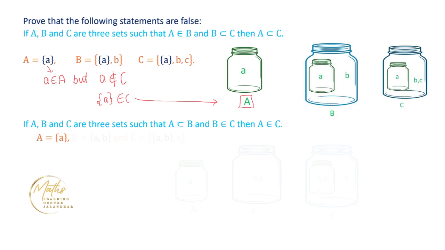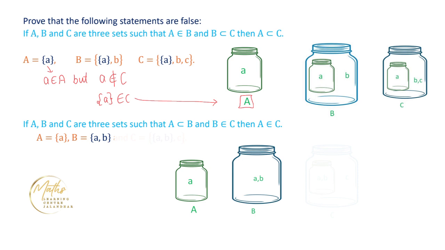Then we are talking about the set B. Suppose B consists of the elements a, b. And the set C contains the set containing elements a, b and another element c. So it is just like the situation in this form.